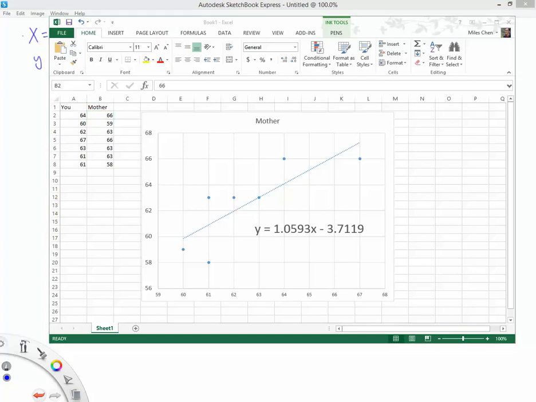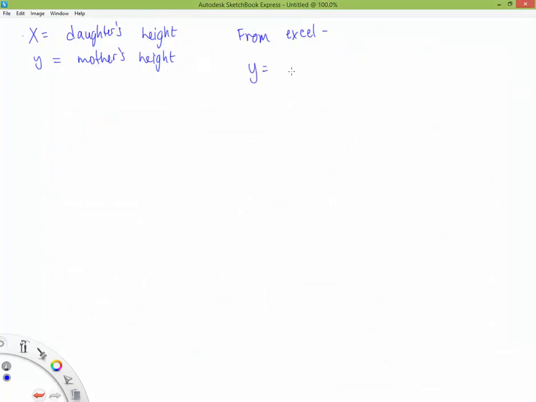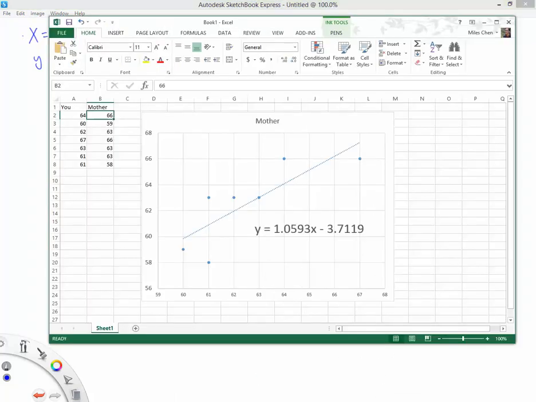X will be the daughter's height. Y is the mother's height. And from Excel, we have y equal to 1.0593x minus 3.7119.